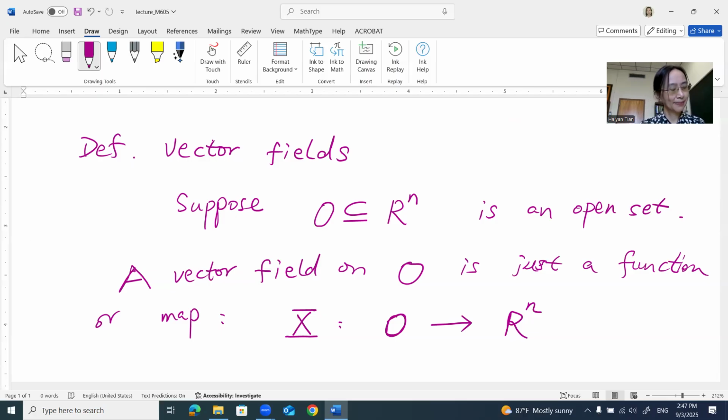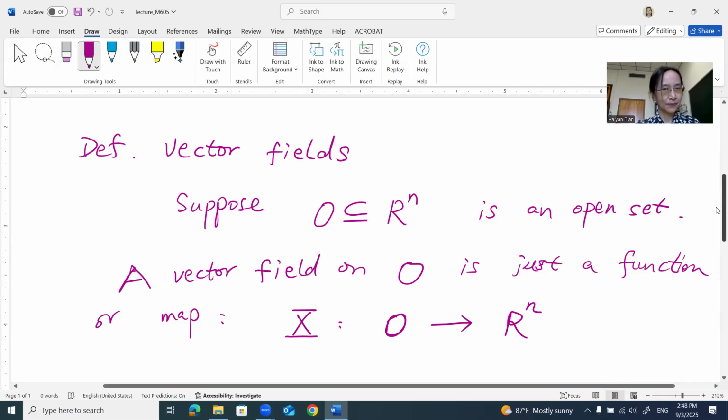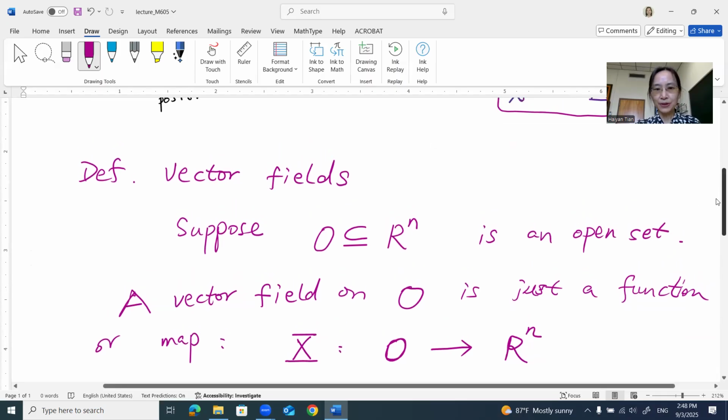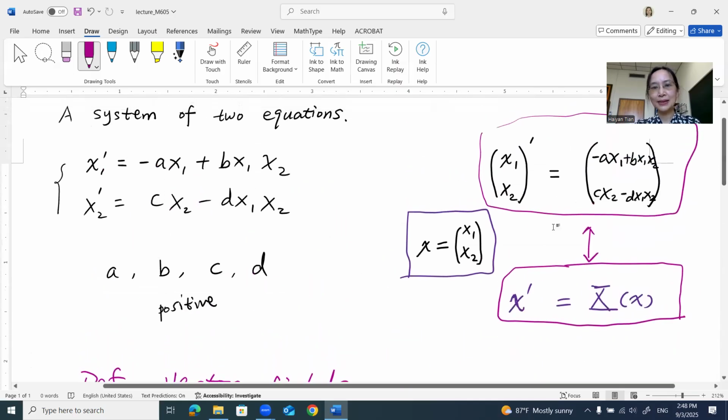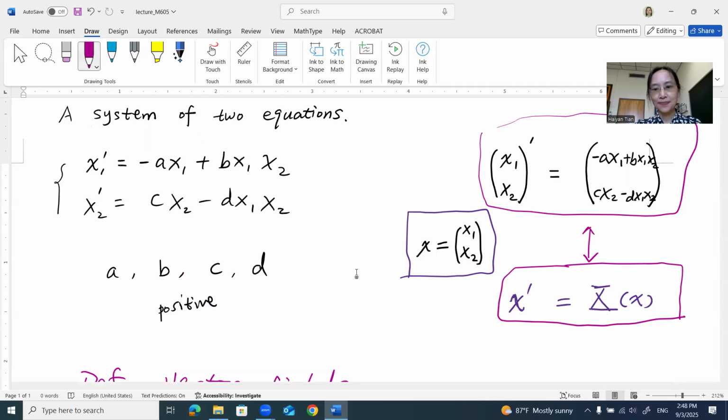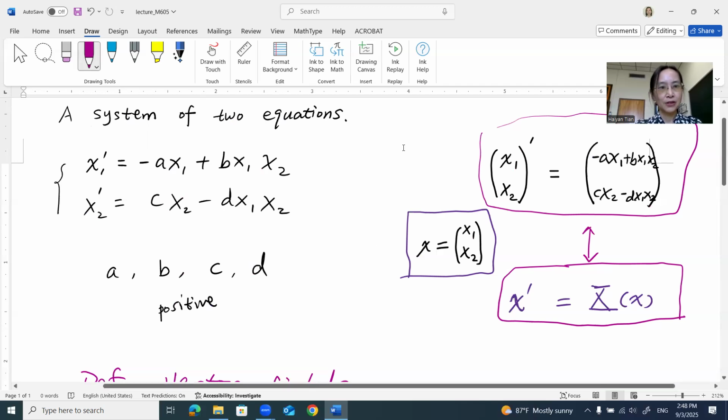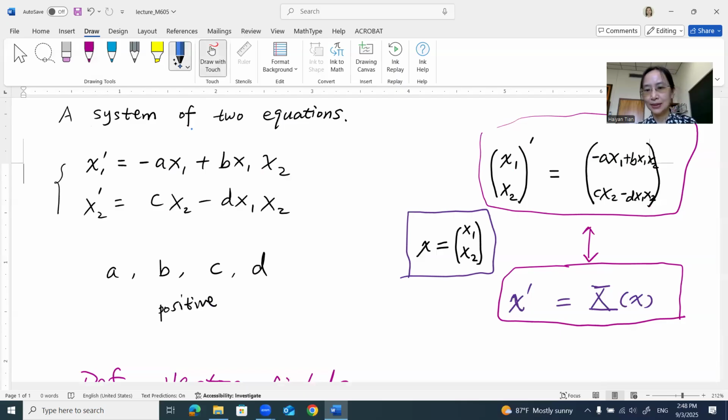So in the previous example, if we look at the population model and this capital X, if we assume capital X is just the right-hand side vector here, you see that it takes in a vector X, right?